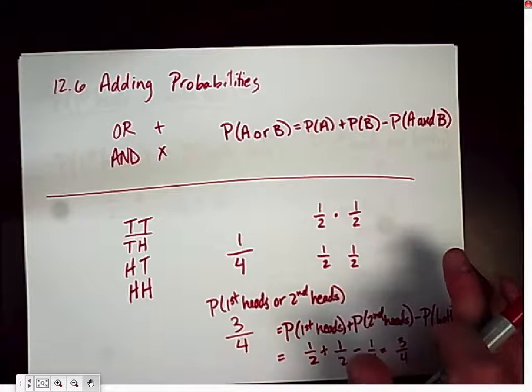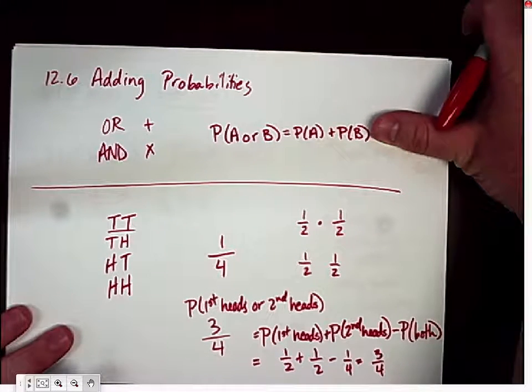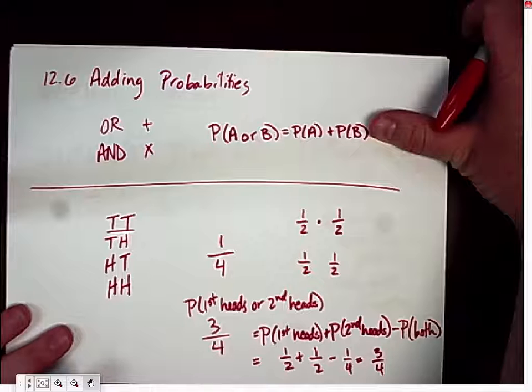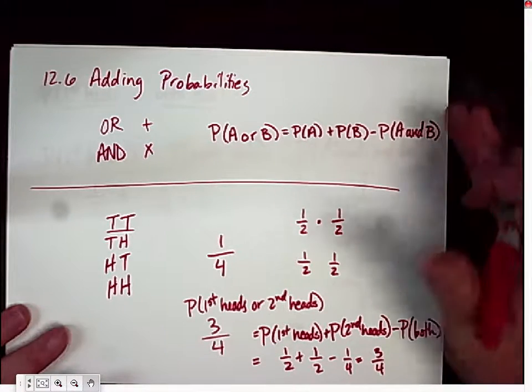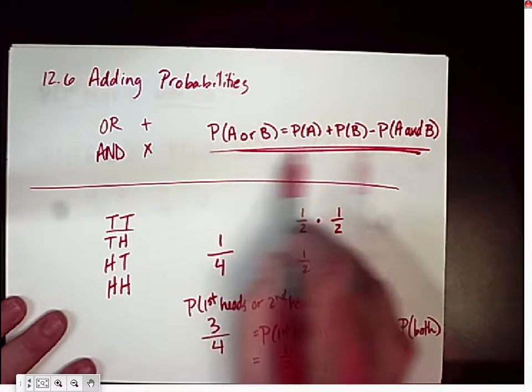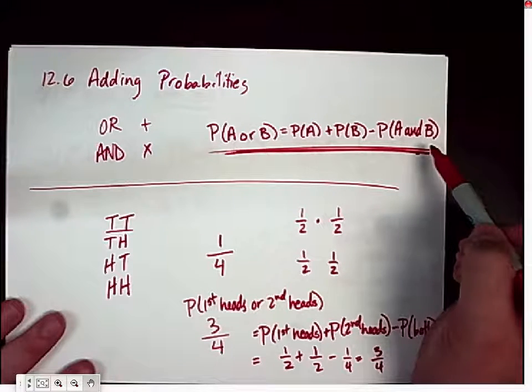Okay. So if you're looking through your book and you see a formula without this, that's where that came from. If you know you're talking about mutually exclusive events, your book leaves this part off. Okay? But to me, just use this formula every time and you'll realize when they are mutually exclusive, this part is 0.